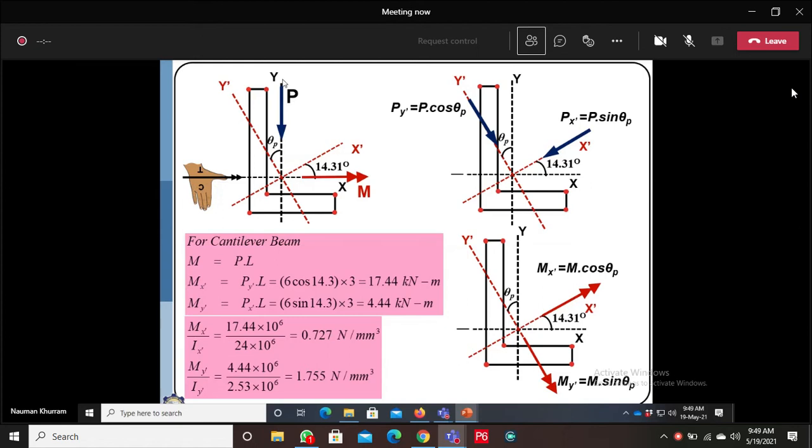So if the load is acting in the downward direction, along the vertical axis, it will produce the moment about the x axis. But the next question is whether this moment vector is directed toward the right side or left side. This direction of the moment vector you can perceive by the right hand rule.